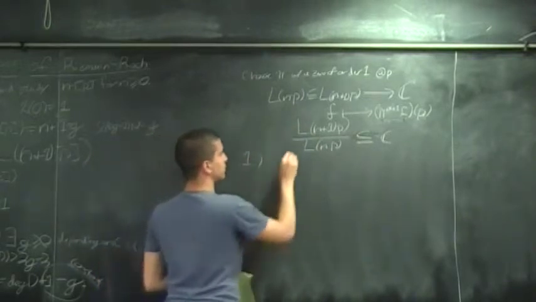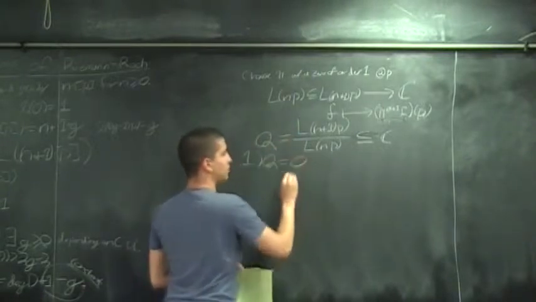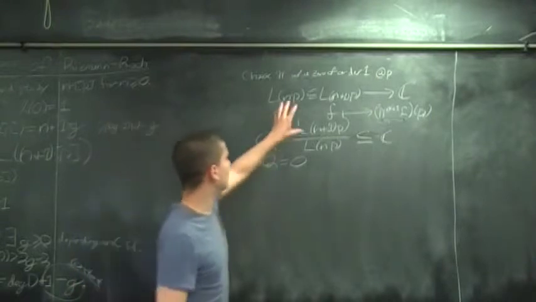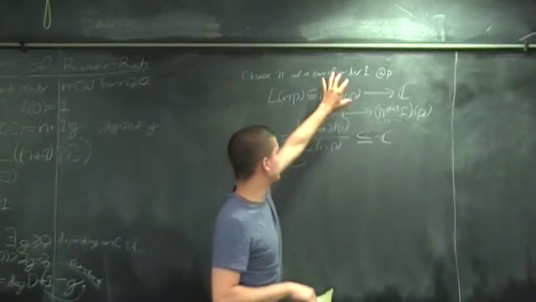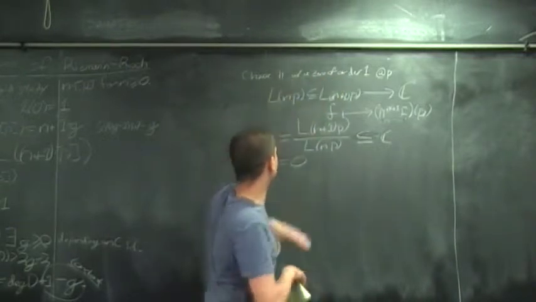First of all, I'll call this quotient Q. We might have Q equal to 0. That's the case where everything in here maps to 0. No, sorry. Everything in here is actually in there.